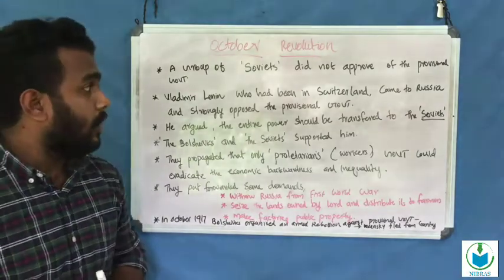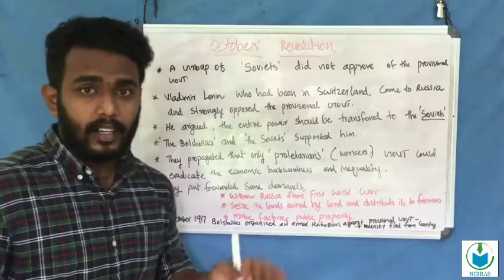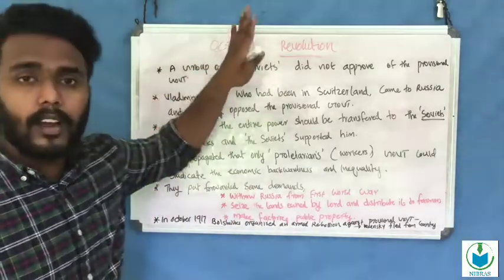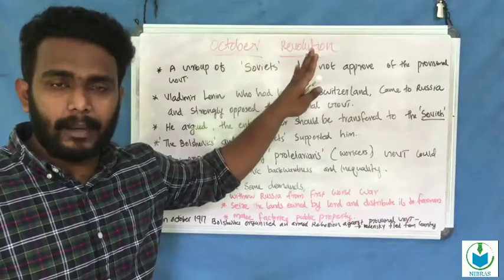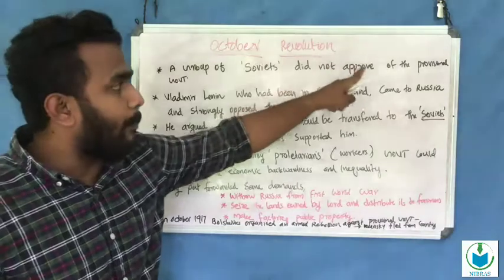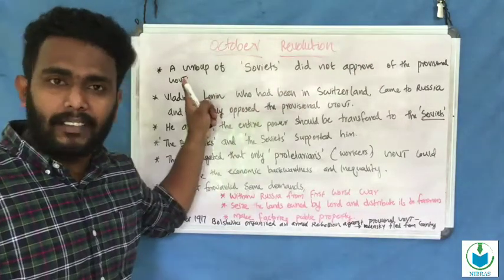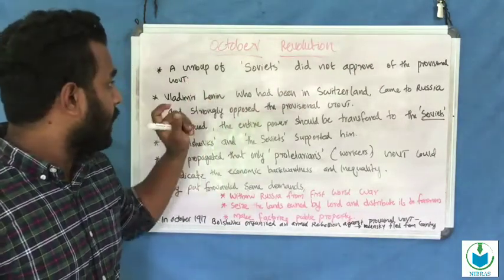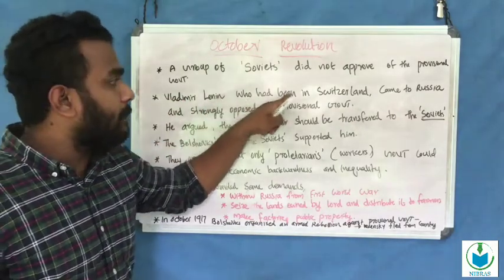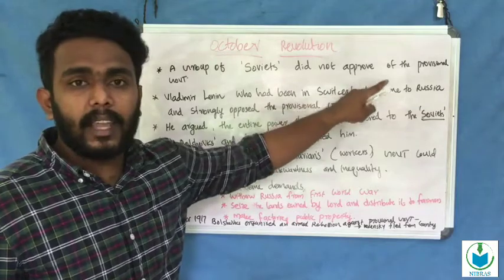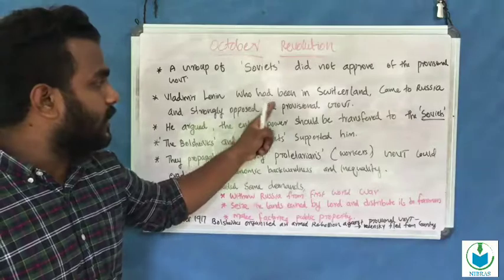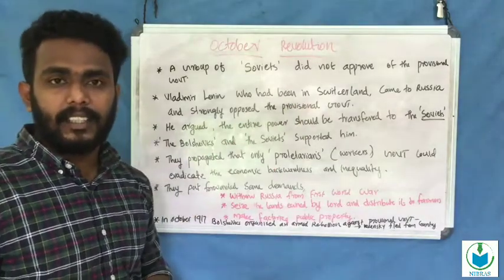Okay, now look at what the October Revolution is. All of you look at the points. After forming the provisional government, a group of Soviets did not approve of it. At that time, Vladimir Lenin, who had been in Switzerland, came to Russia and strongly opposed the provisional government.